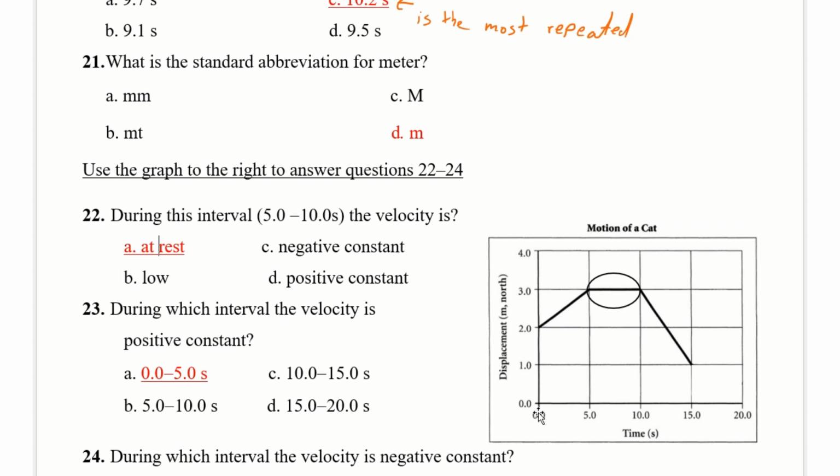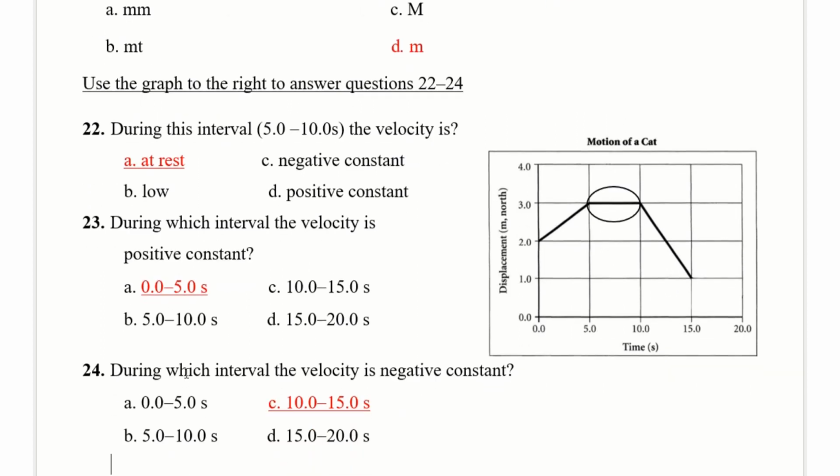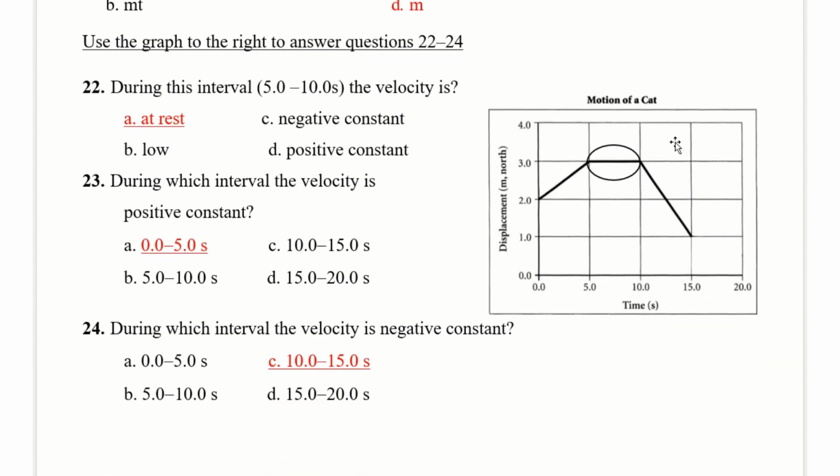Positive, so it's from 0 to 5. From 0 to 5 is positive constant, so A. During which interval is the velocity negative? From 10 to 15. The one going down is negative velocity, negative constant. So it is from 10 to 15, so C.